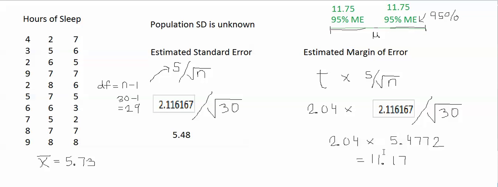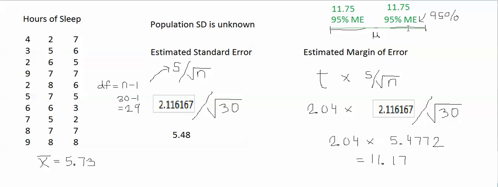So what this 95% margin of error is telling me is that when I took this random sample from the population, I had a 95% chance of getting a sample mean somewhere between 11.75 under the population mean right here and 11.75 above the population mean up here. The lower boundary is 11.75 below the population mean, and the upper boundary is 11.75 above the population mean. And I had a 95% chance of getting a sample mean between these two boundaries.